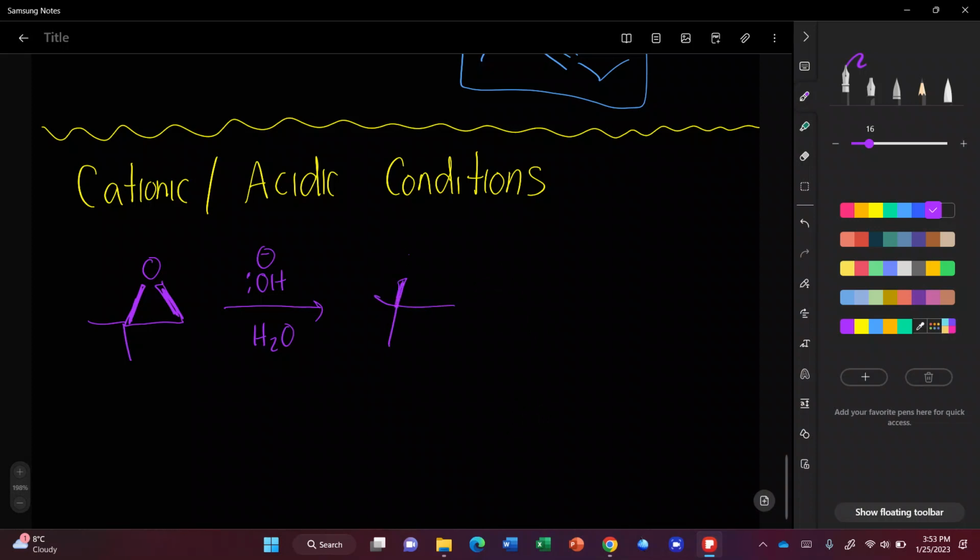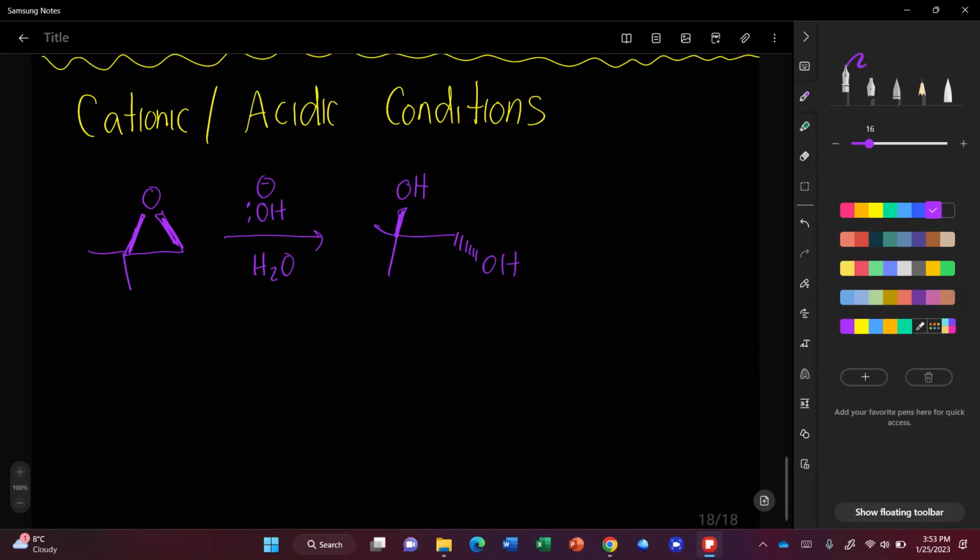So the sodium hydroxide ends up attacking this carbon right here, and you get this species. But how would the mechanism change if instead of sodium hydroxide in water, you did H2SO4 in water? How would that actually affect it?